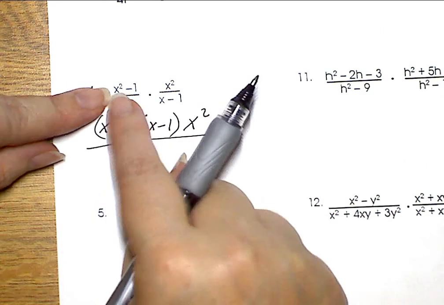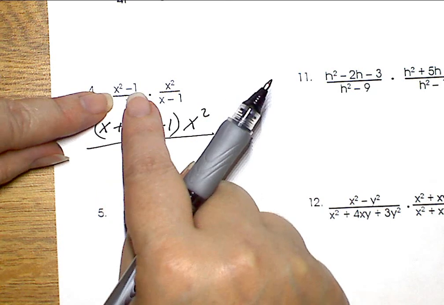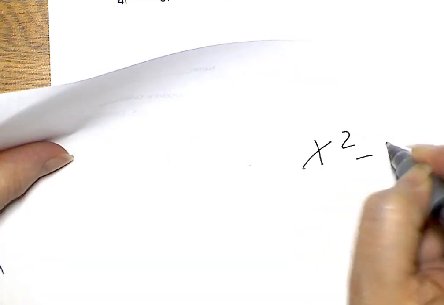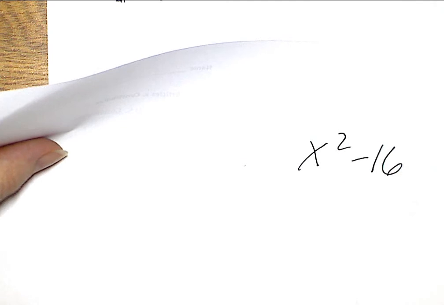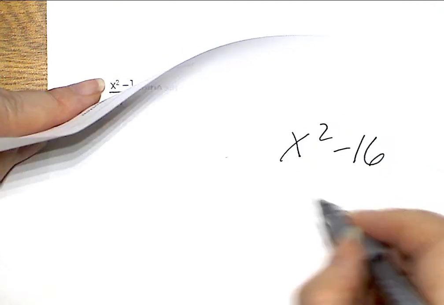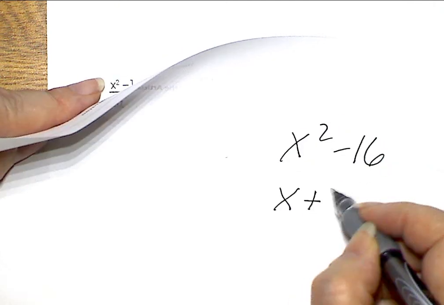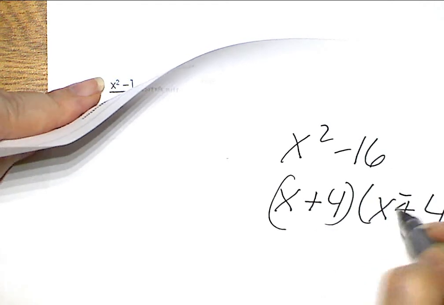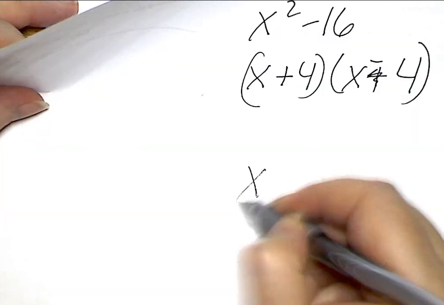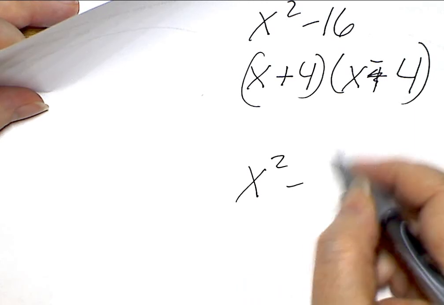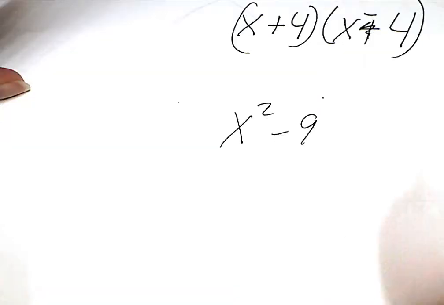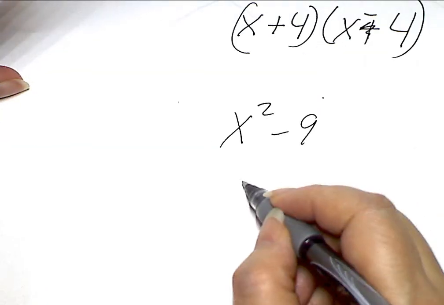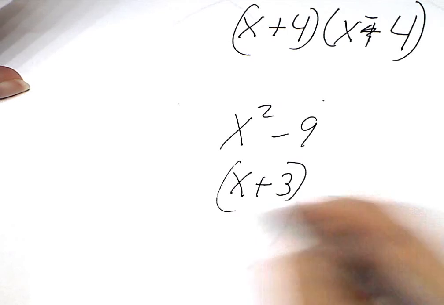This right here is a thing that you have to know. If you had this, what would you say this is? x minus 4 and x plus 4. Right? What would you say this is? 3 and negative 3. So it's x plus 3 and x minus 3, right?